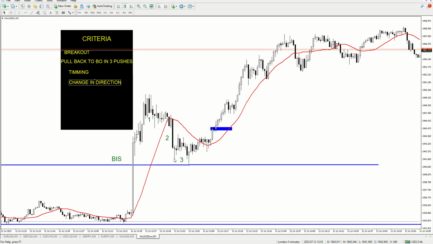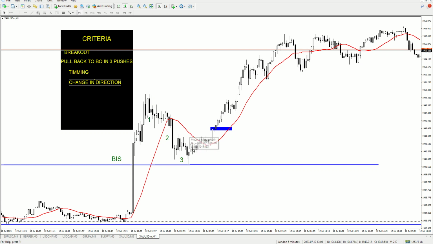It pulls back, it makes a low which is lower than this one. We call this a lower low, and this becomes the high the moment it breaks this. Then this is a lower low, this is a lower high. Yes, now it's making lower lows and lower highs, lower lows and lower highs.